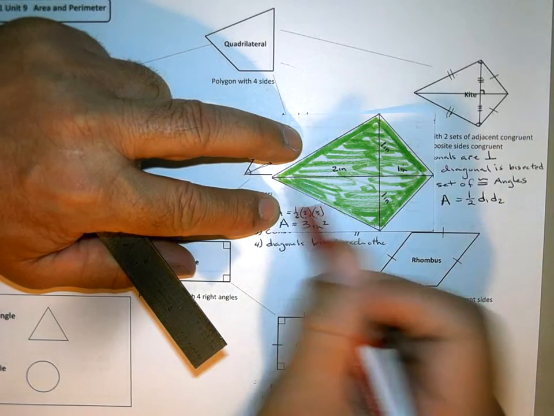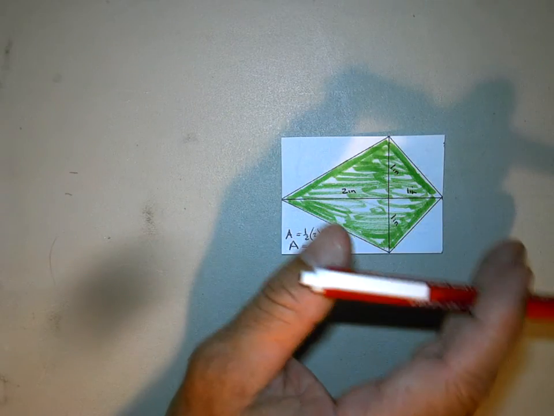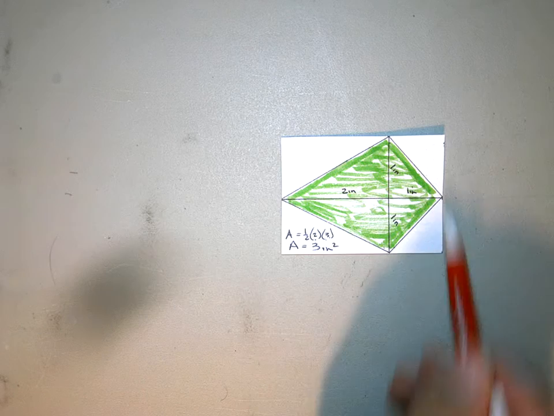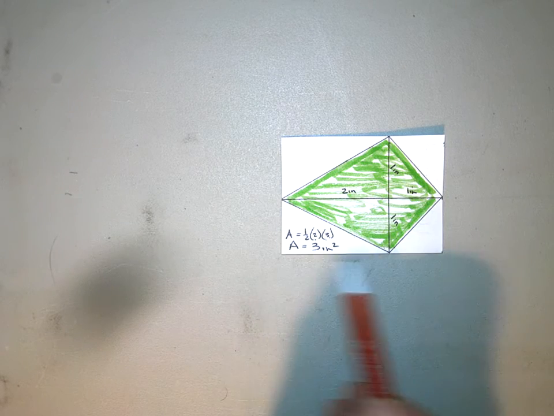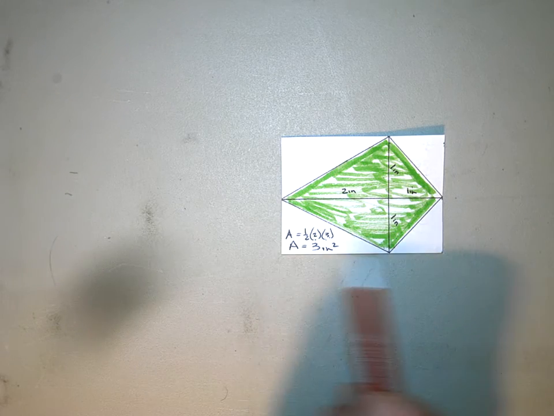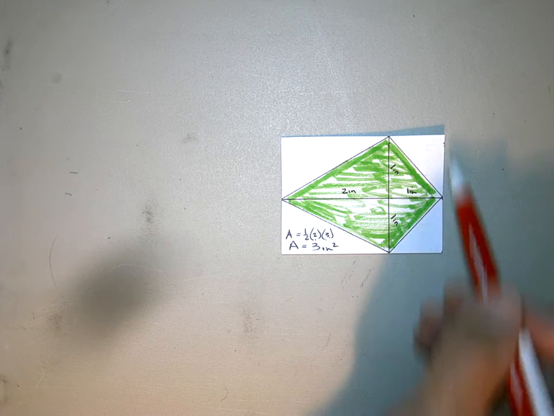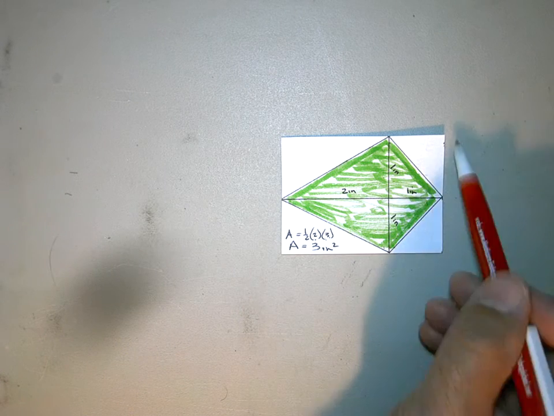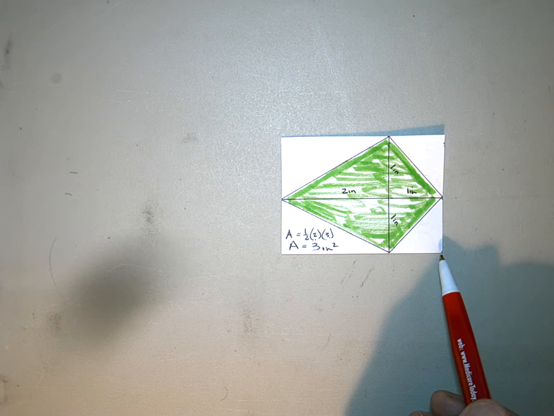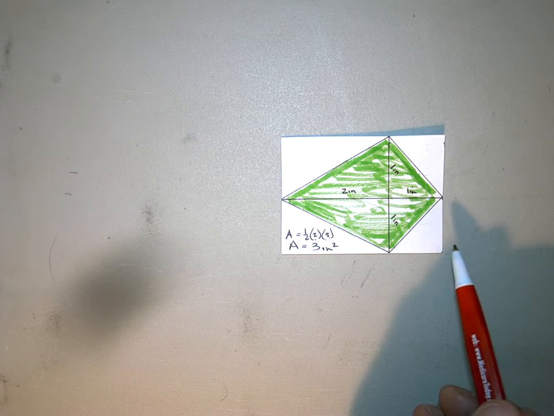If we think of this as the rectangle, maybe I can move this and you can see this rectangle better. Okay. If we look at the rectangle, and it is 3 by 2, to find the area of the rectangle, we would go base times height. 3 times 2 is 6. Well, why is the kite half of that?